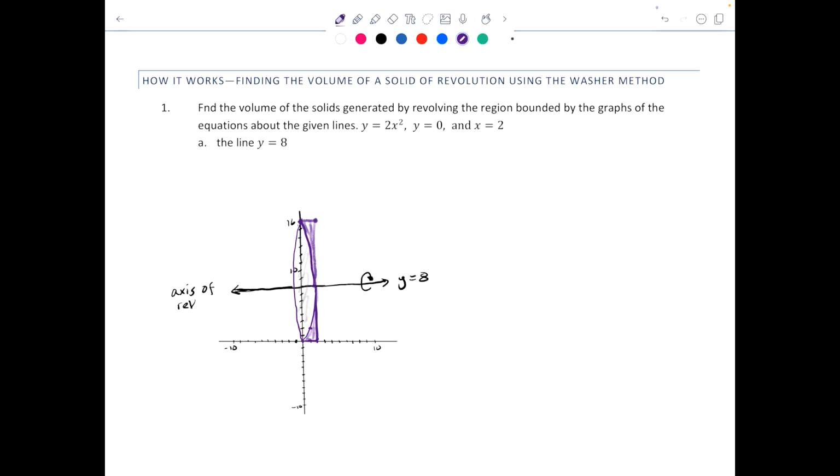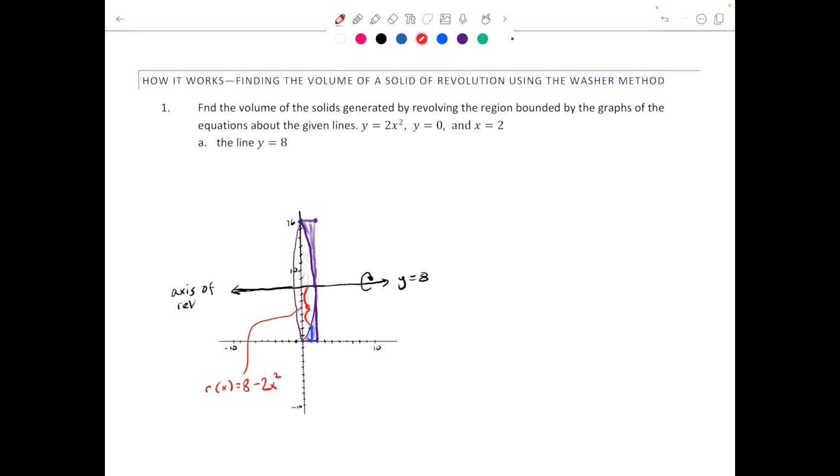So now our axis is horizontal, so our rectangle is going to be perpendicular, and it's going to be a function of x. So this would be the inner radius, r of x, which is equal to 8 minus 2x squared, right?